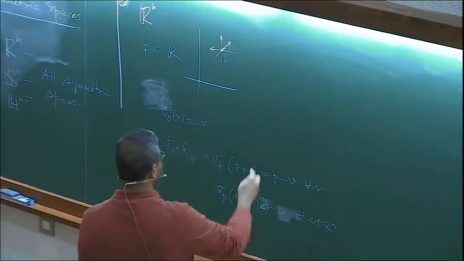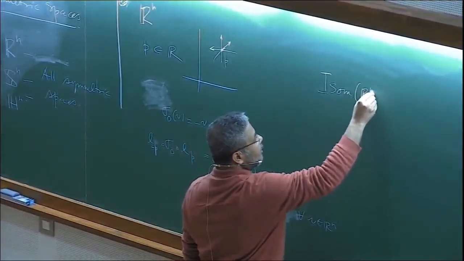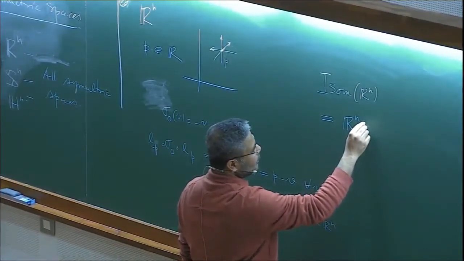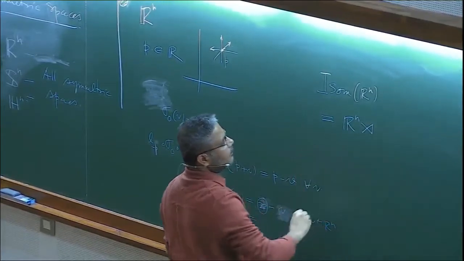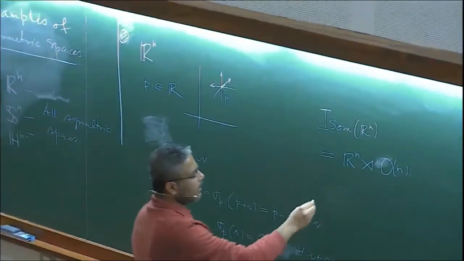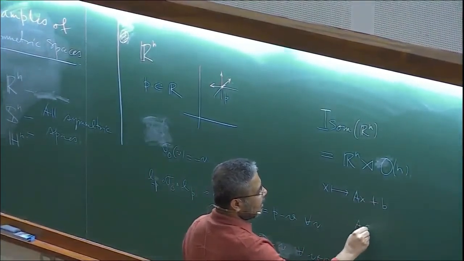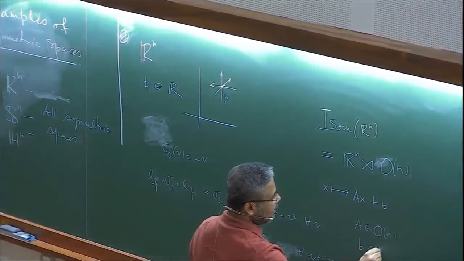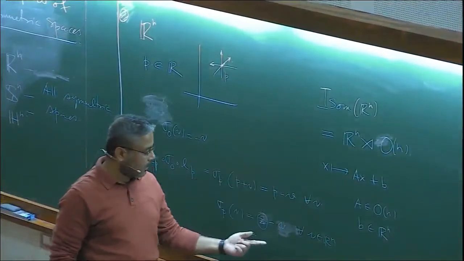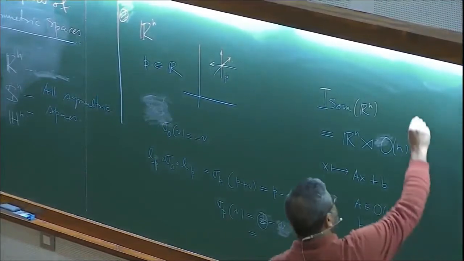Recall that the isometry group of Rn is the semi-direct product of On and Rn, and it acts by x going to Ax plus b, where A is in On, b is in Rn. So this is a map of this form. This is an isometry, and this does the job.